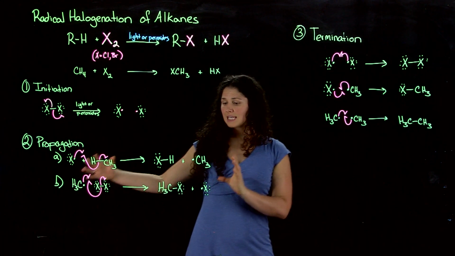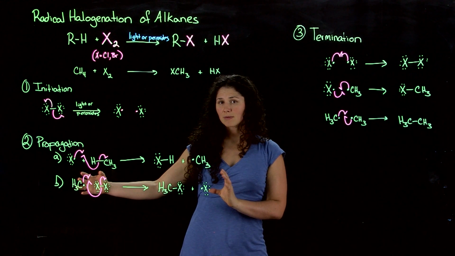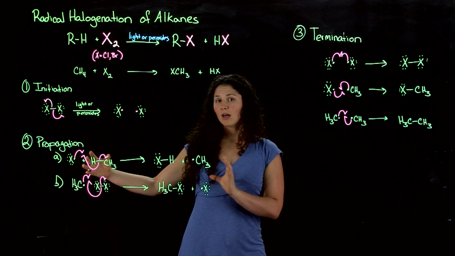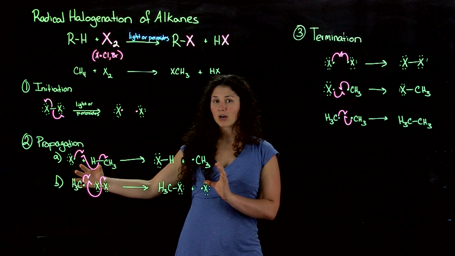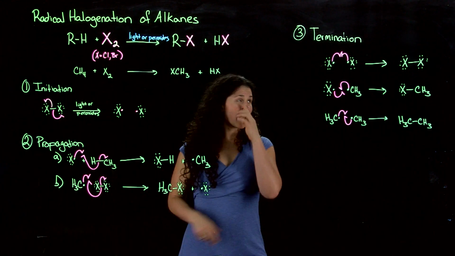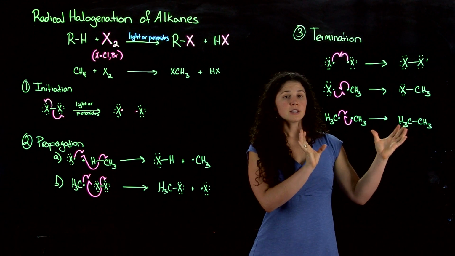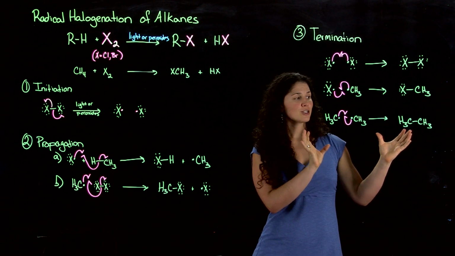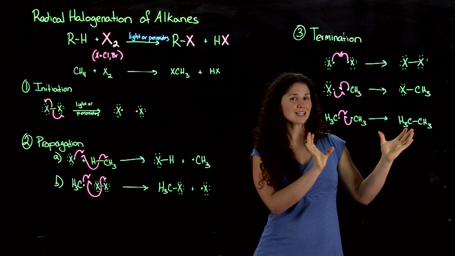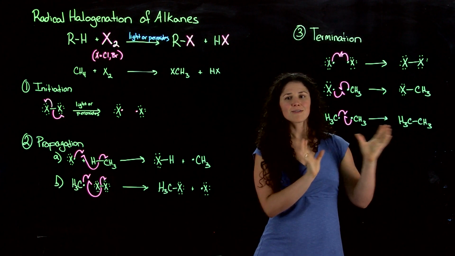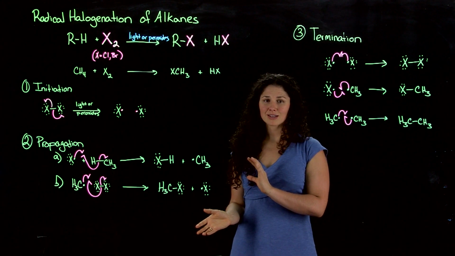These chain reactions in the propagation steps are going to give you probably 99% of your product for most reactions, and the termination steps don't give you very much at all. You need to know about the termination steps and the possible products just in case you see them, but feel safe in assuming that most of your product is going to come from the propagation steps.